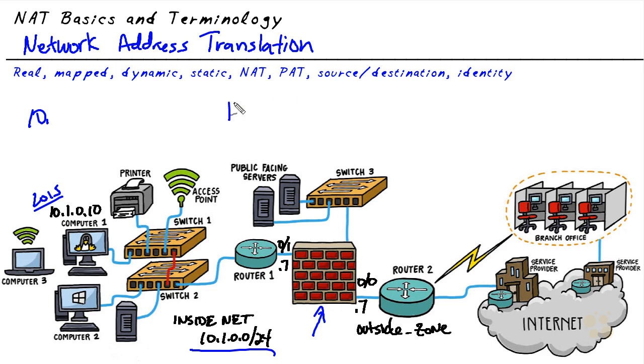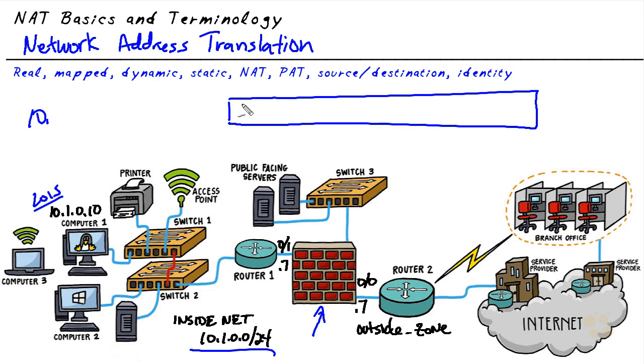Our policy may say something like this: any traffic that's coming from the inside network, and we can make an object that represents that 10.1.0.0 network, and if that traffic is going out the outside interface or out an interface in the outside zone, and all those options are available in our policy, then we want to swap out the source IP of Lois, which is 10.1.0.10, and replace it with an IP address that's routable on the internet.